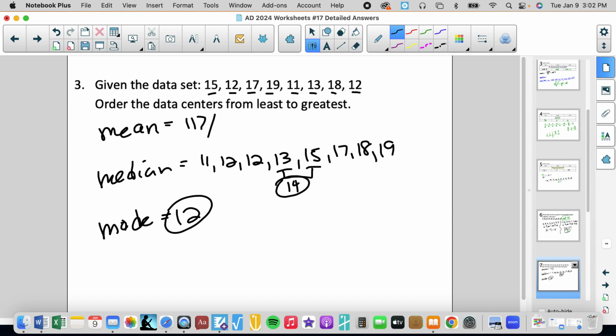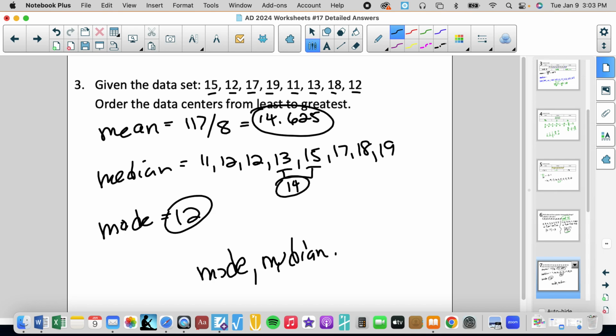Divided by 8 gives me 14.625. And so least to greatest would be mode, median, mean, in that order.